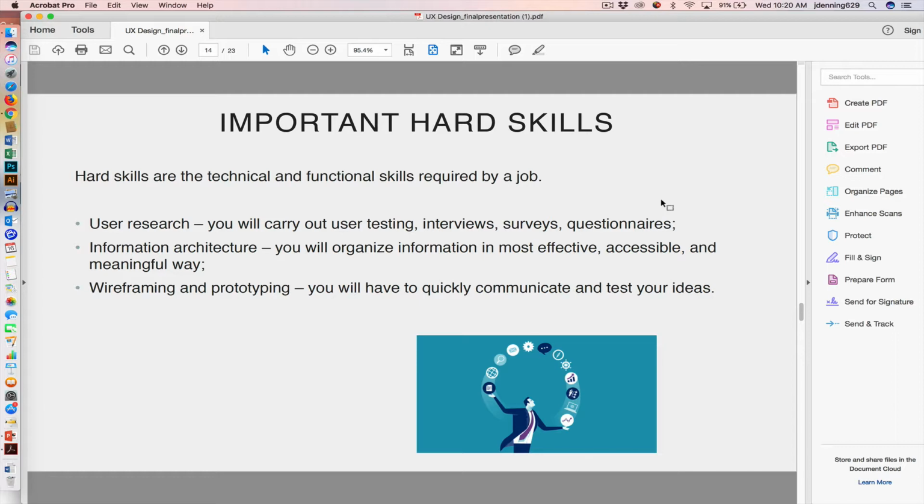With user research, you're going to carry out user testing, interviews, surveys, and questionnaires. You're going to think about information architecture, where you organize information in the most effective, accessible, and meaningful way. And with wireframing and prototyping, you will have to quickly communicate and test your ideas. There are lots of tools to use, and there's software that can help you do this effectively.